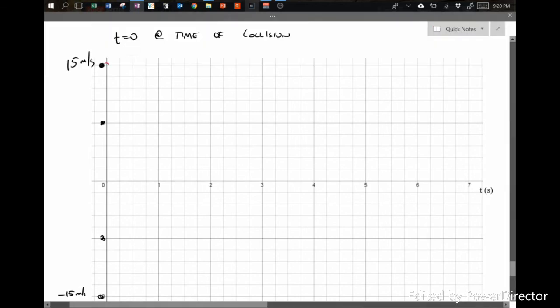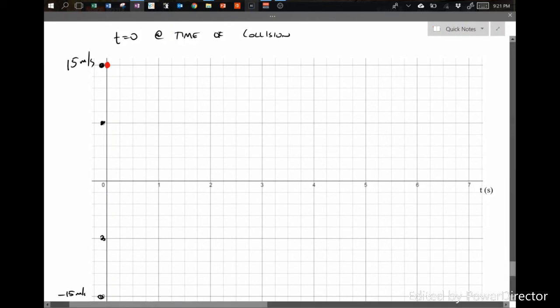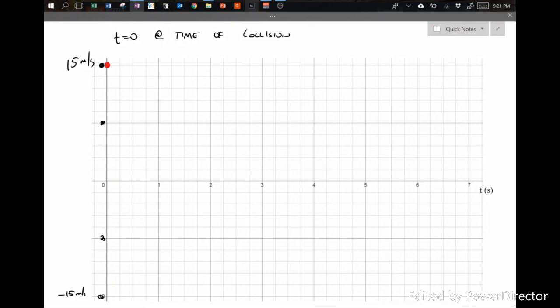So initially, I have positive 15 meters per second worth of velocity. We want 2 complete cycles. So I know that I am going to again be at the equilibrium position for 1 complete cycle, again moving at positive 15 meters per second.